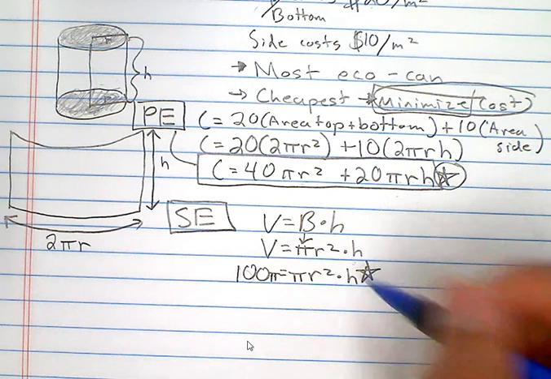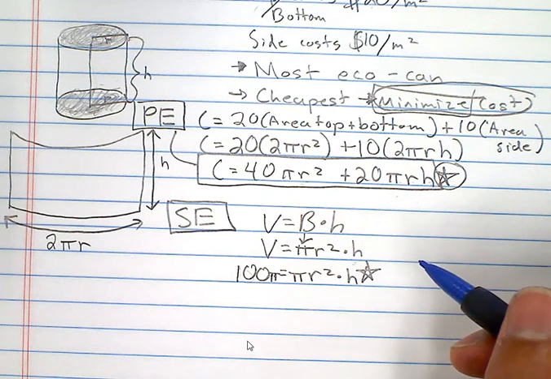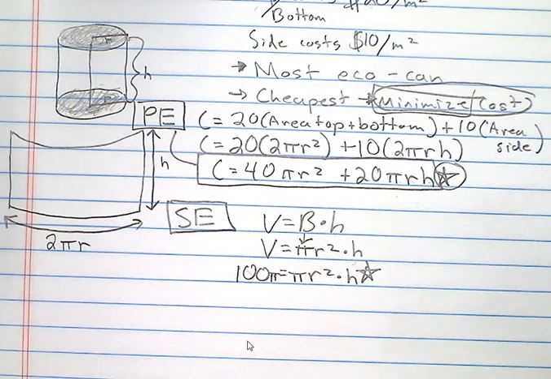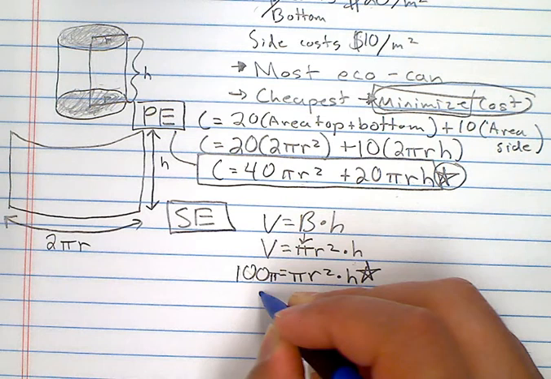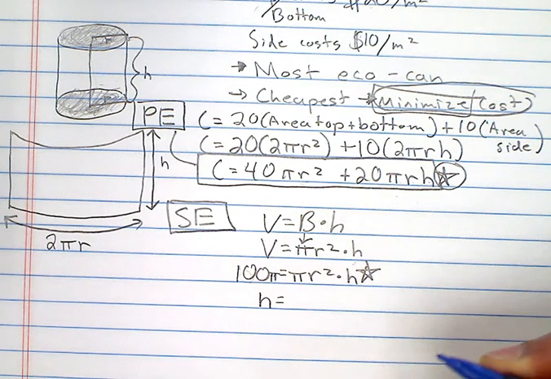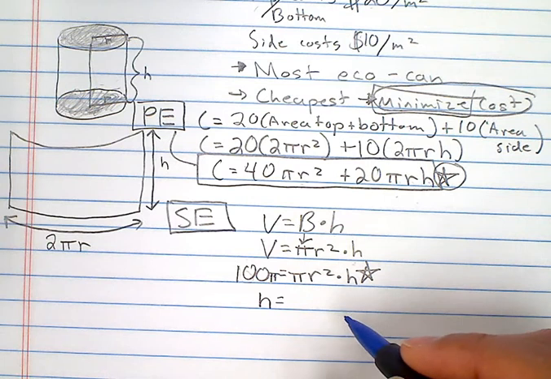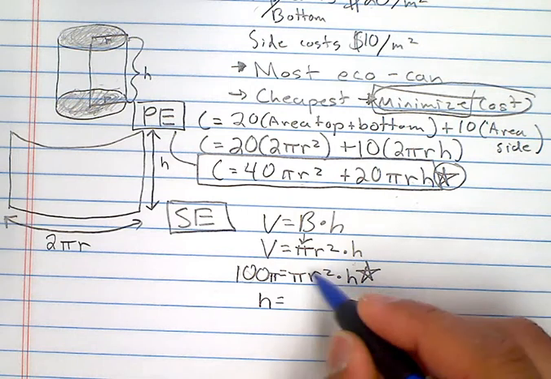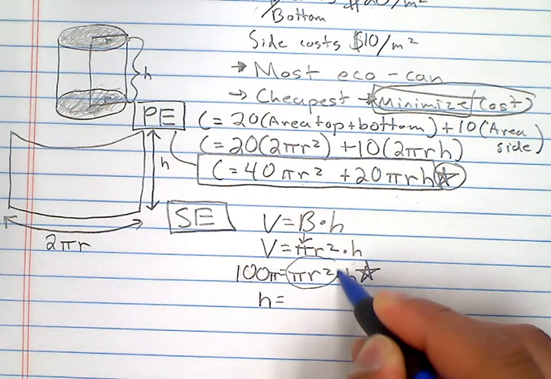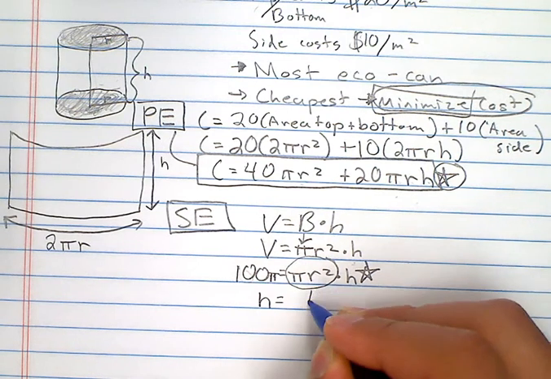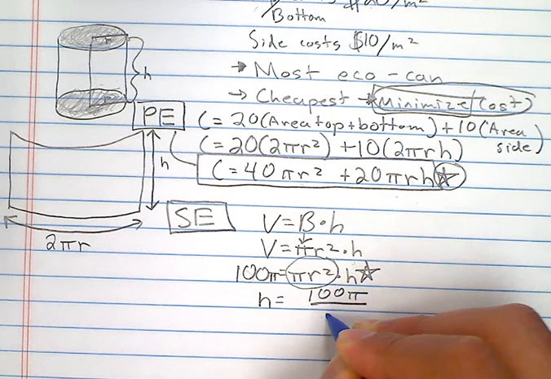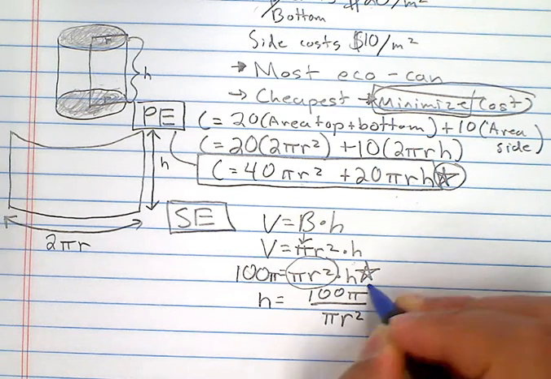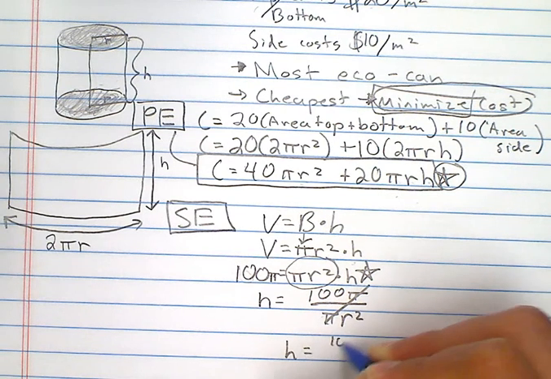You got it yet? Solve for h. What do I end up with? 100 pi over pi r squared, which really gives me 100 over r squared.